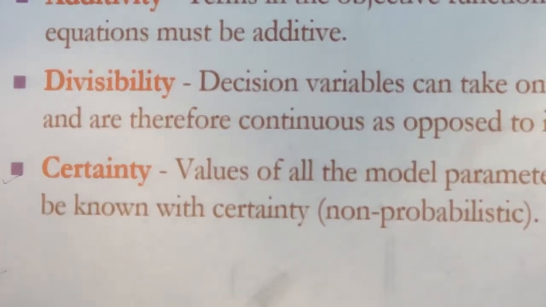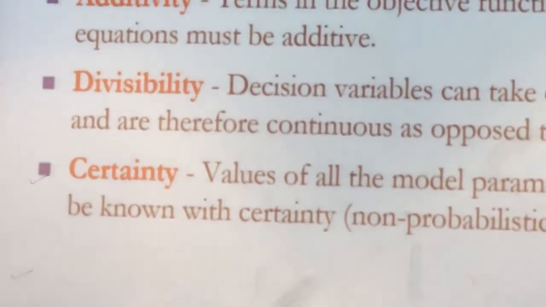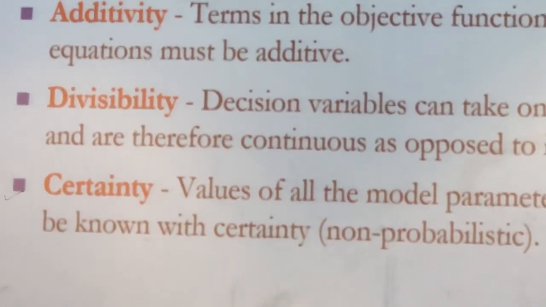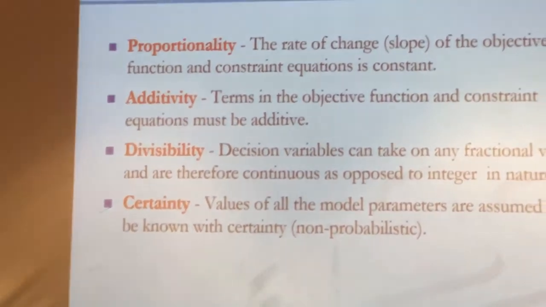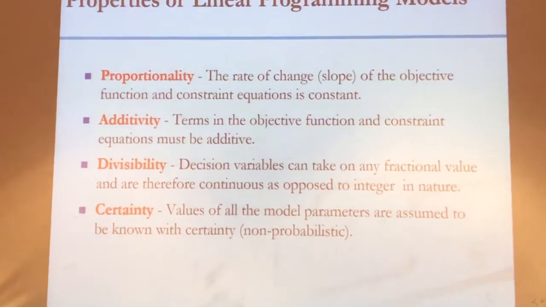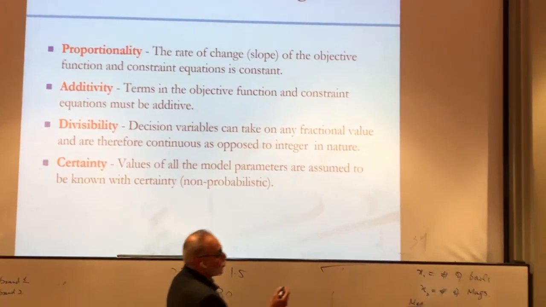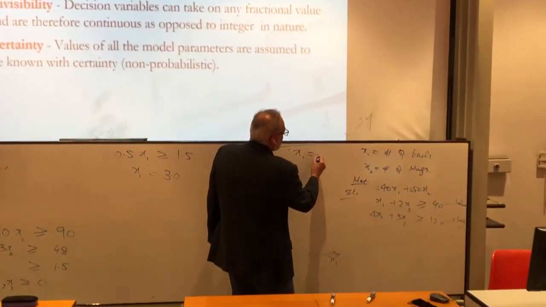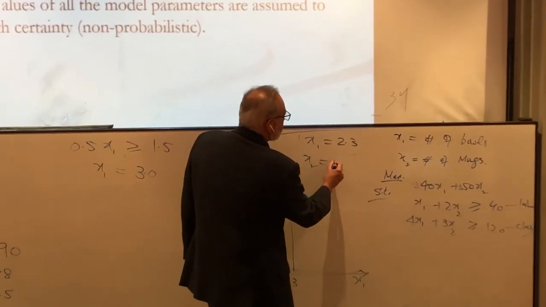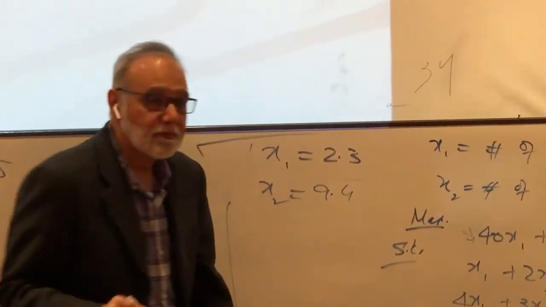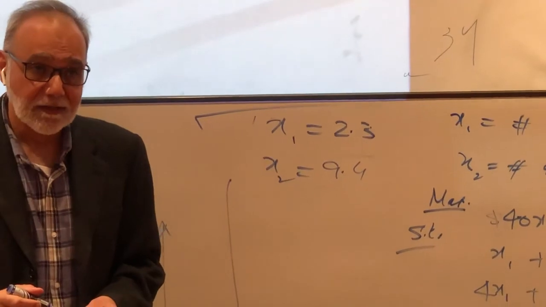Divisibility. This property is that we accept the solution in linear programming in decimal numbers. So if our solution says that x1 is equal to 2.3 bowls and x2 is equal to 9.4 mugs, if this is our optimal solution, we will accept that.